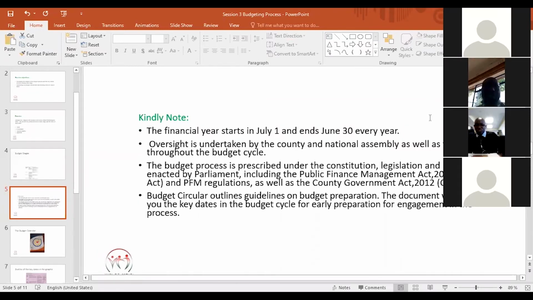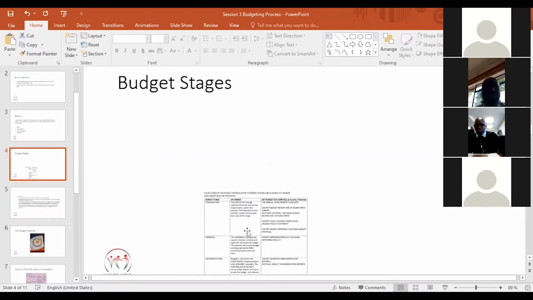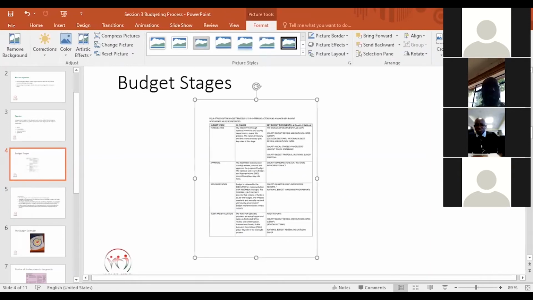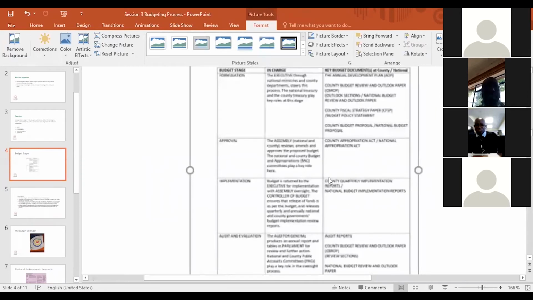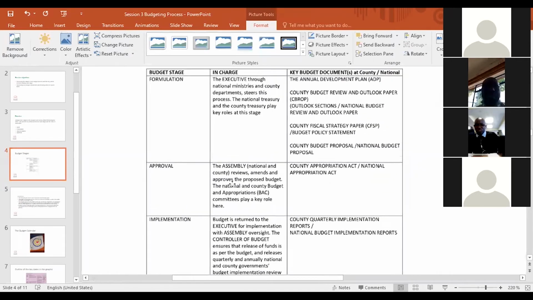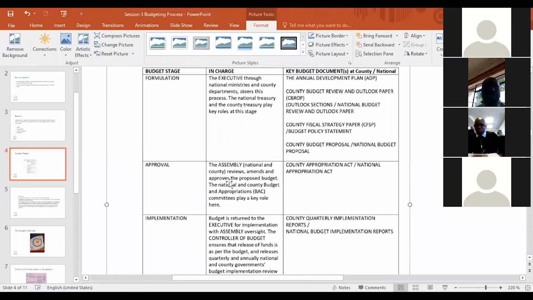Yes, my question would be, of course, I was a little bit mixed up at the formulation level. But my question would also be, before the budget is proposed, the budget is drawn from the strategic plan, yeah? County or national strategic plan, right? Yes. Is the public, or as a budget champion, am I involved in the planning?